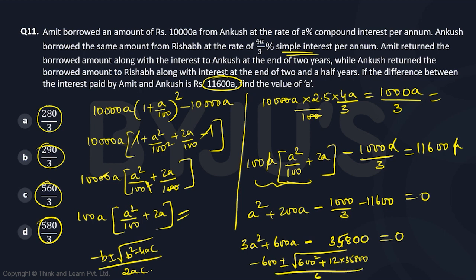So this is 12 into 35800. That's plus 360000. So 789600. So square root of 7896.